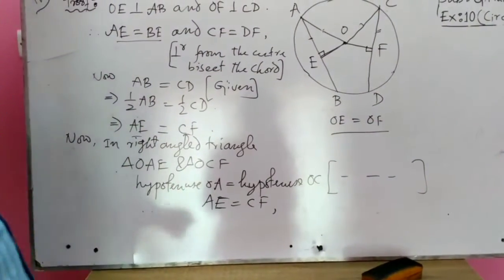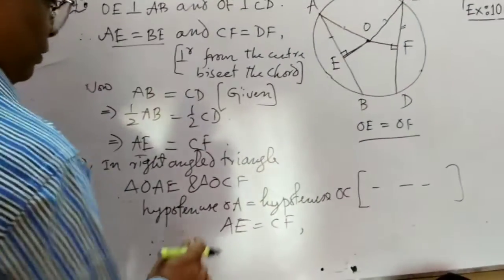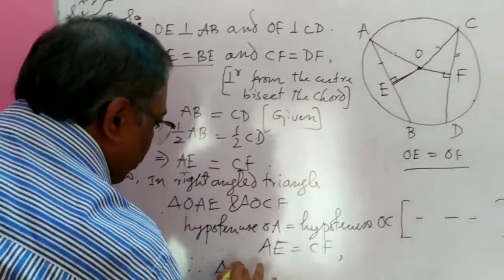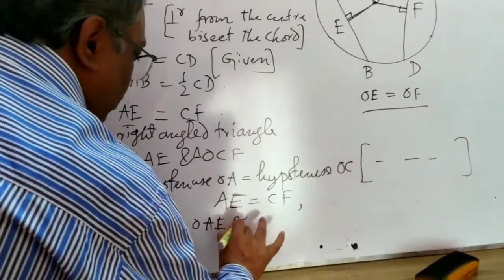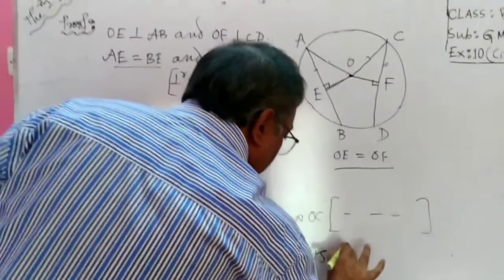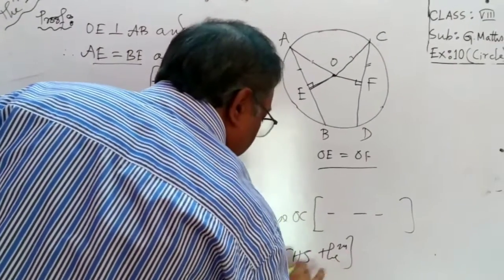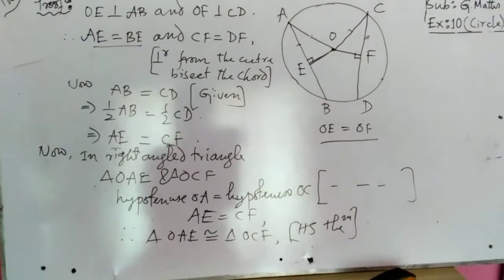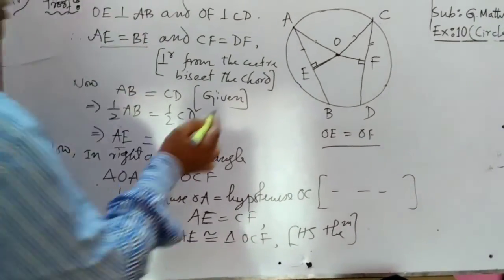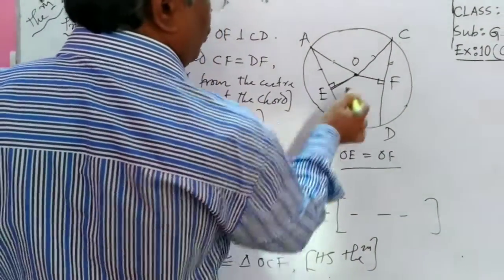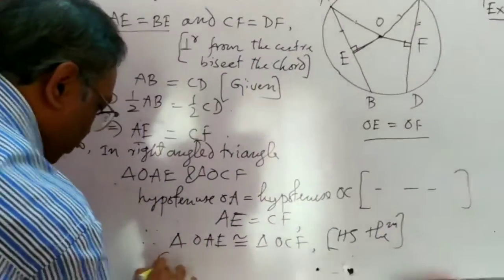এটা আমরা প্রমাণ করেছি একটু আগে। So hypotenuse and one side HS theorem, therefore triangle OAE congruent triangle OCF. HS theorem. তো হয়ে গেল। তো আমাদের triangle congruent হয়ে গেল, OAE and OCF congruent, so OE equals OF.